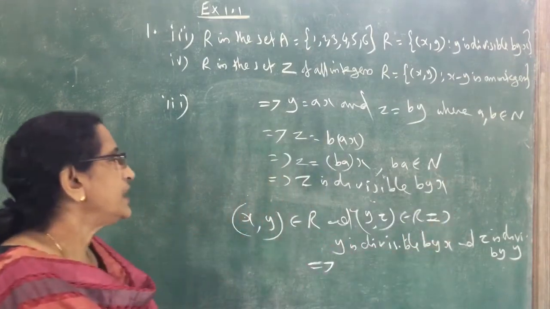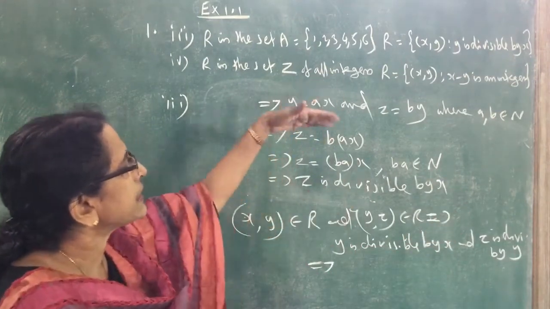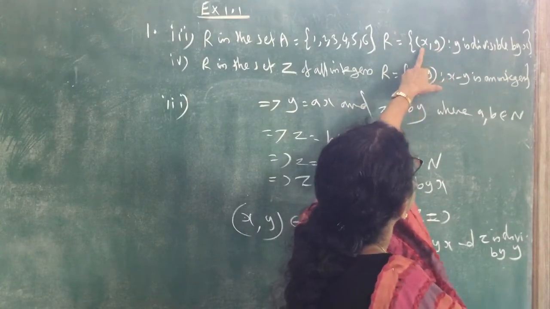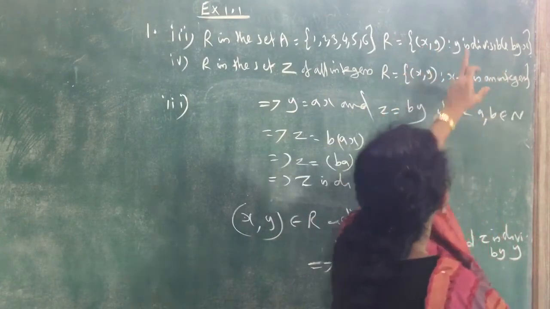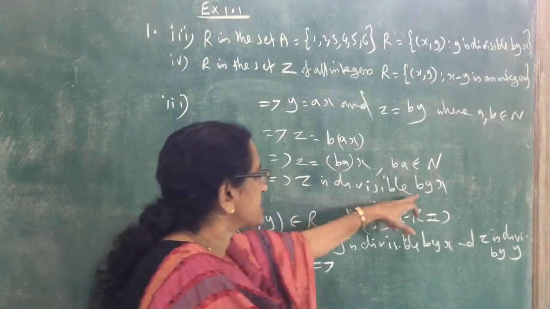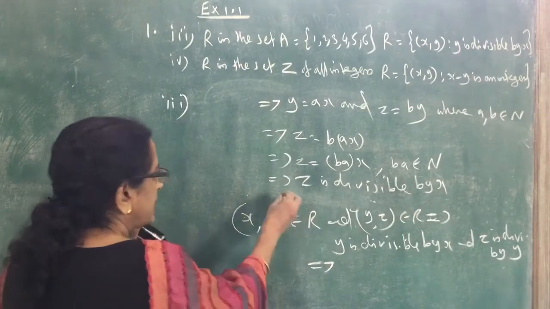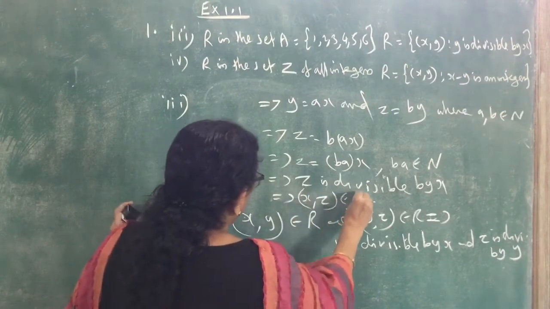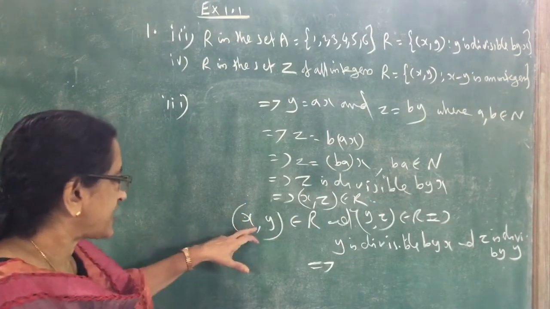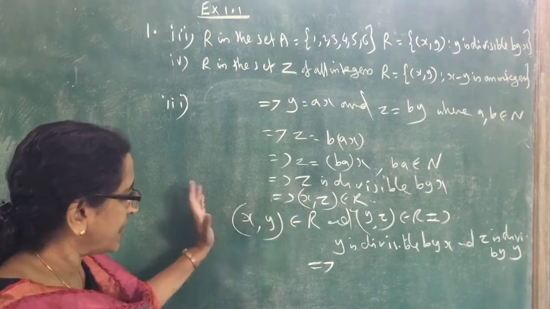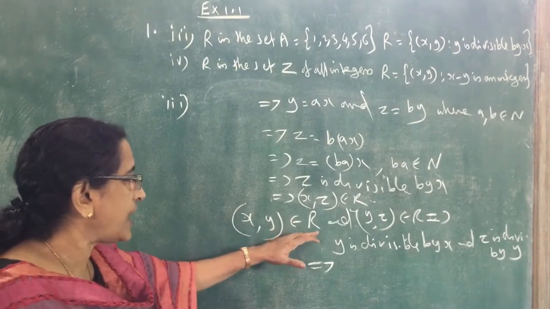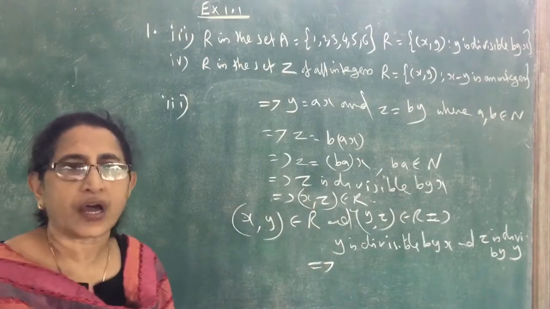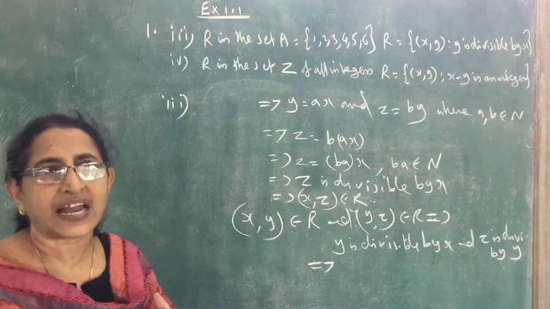What is the condition satisfied by the elements? The second element is divisible by x. So if z is divisible by x, therefore we can write (x, z) is an element of R. So we proved that (x, y) belongs to R and (y, z) belongs to R implies (x, z) belongs to R. That is the transitive property.